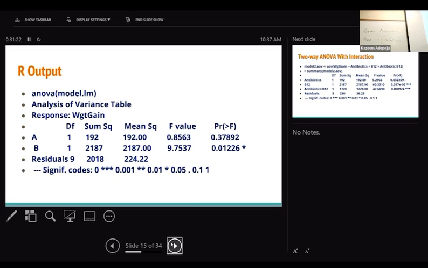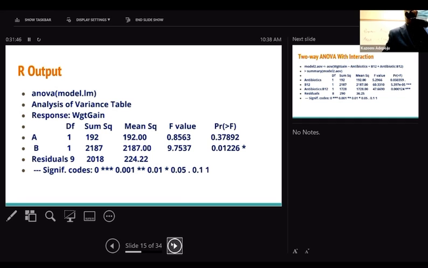What is the essence of doing this? The essence is basically to see the percentage of contribution of the treatment, because we believe that there is 100% variation in the response.